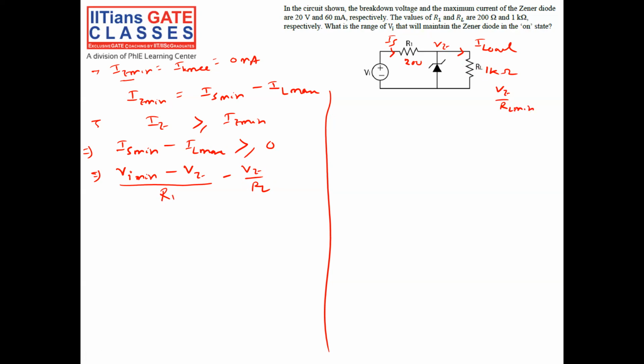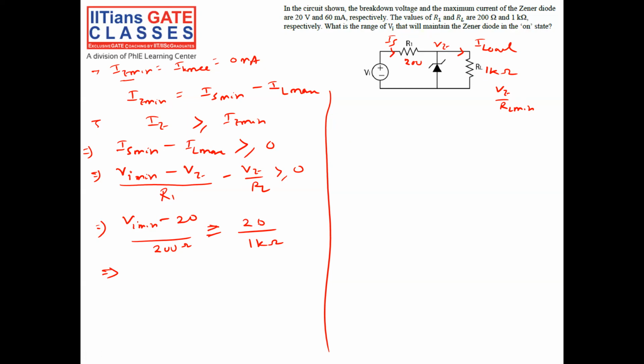Since RL is fixed, I can take Vz by RL should be greater than or equal to 0, right? So let's apply: Vi minimum minus Vz, which is 20 volt, by 200 ohm, should be greater than or equal to Vz, which is 20, by 1 kilo ohm.